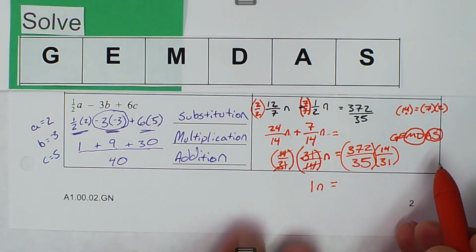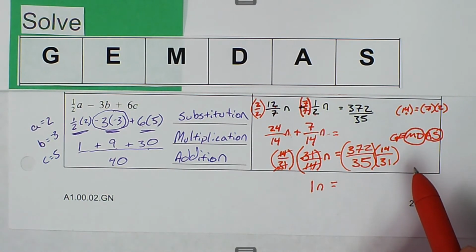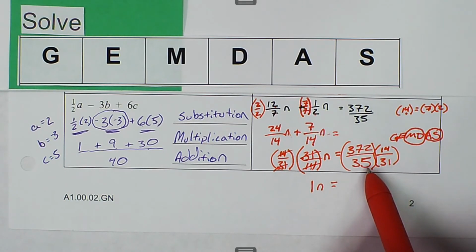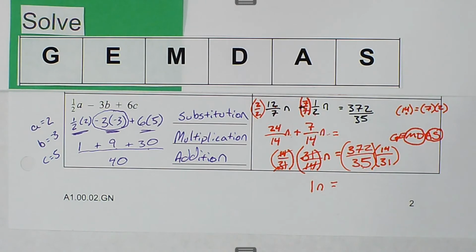So for this one, we may recognize that 14 and 35 are both divisible by 7, because those are multiplication tables that we have, and we might be able to simplify it a little bit. But if we don't recognize that, we can just multiply across, and this is going to be a big number.